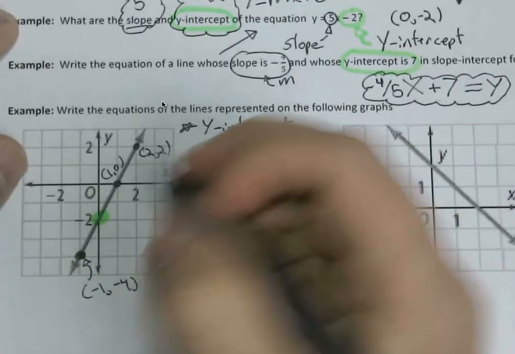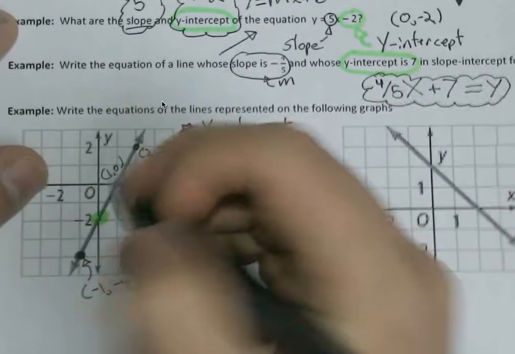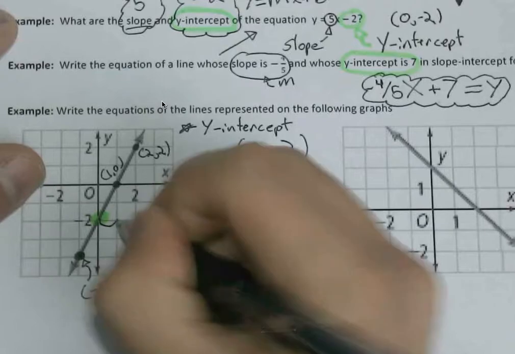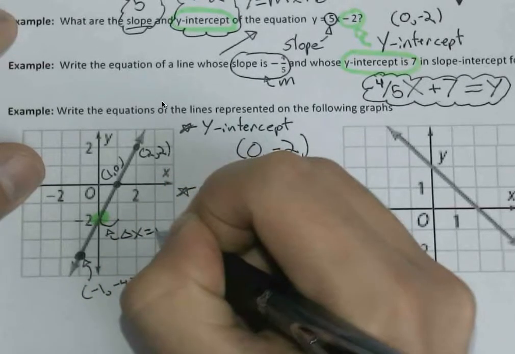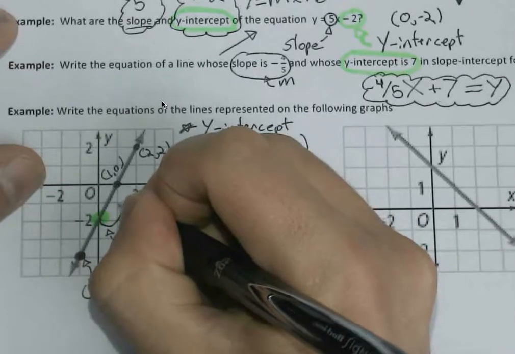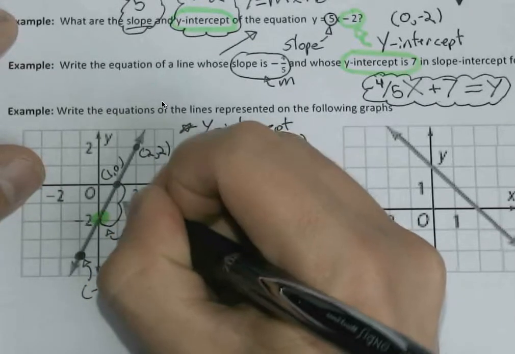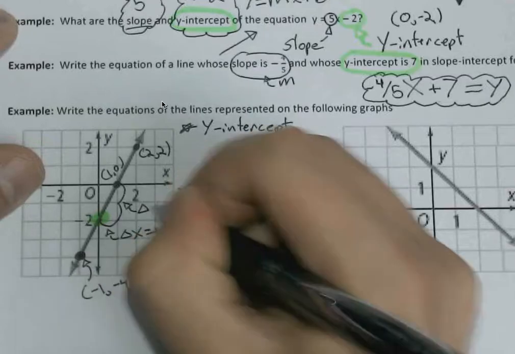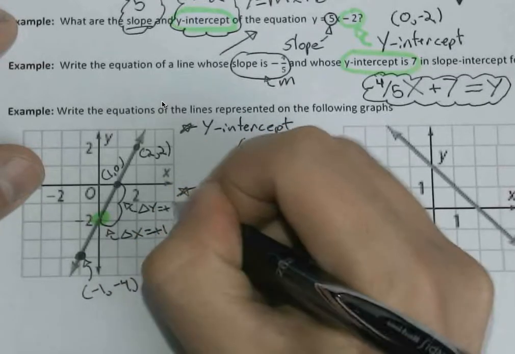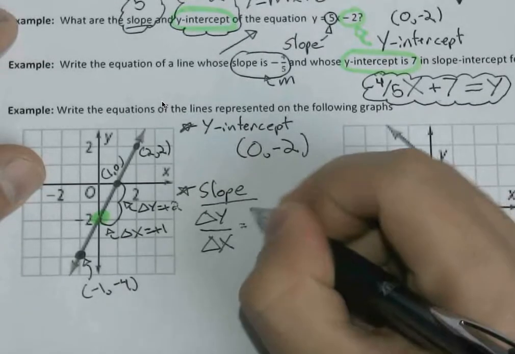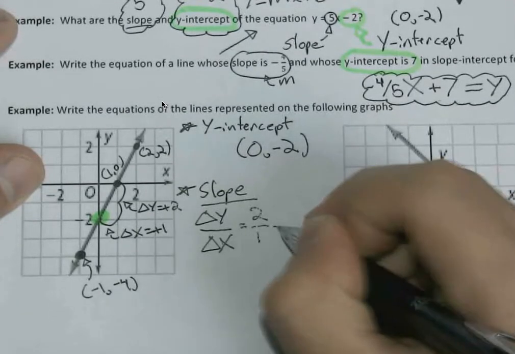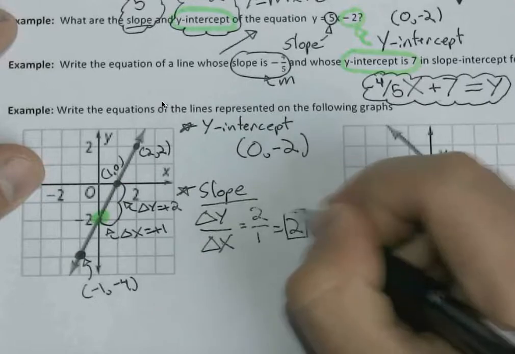I'm going to go from this y-intercept to this point here with my change in x. This is just going to be +1. Change in y is going to be up 1 and another. So our change in y is +2. We can put 2 over that 1. This is going to be our slope of 2.